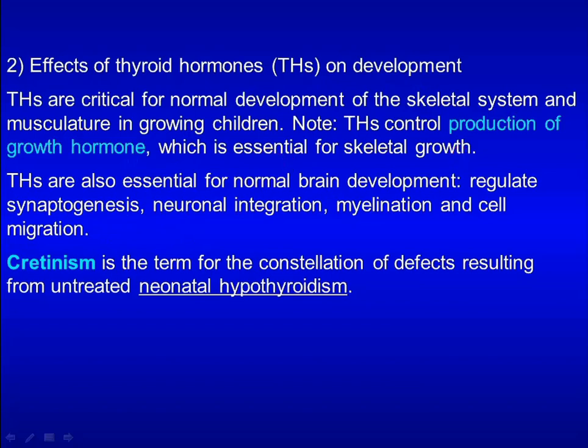Thyroid hormones are also essential for normal brain development. They regulate synaptogenesis, neuronal integration, myelination, and cell migration. Cretinism is a term for the constellation of defects resulting from untreated neonatal hypothyroidism.